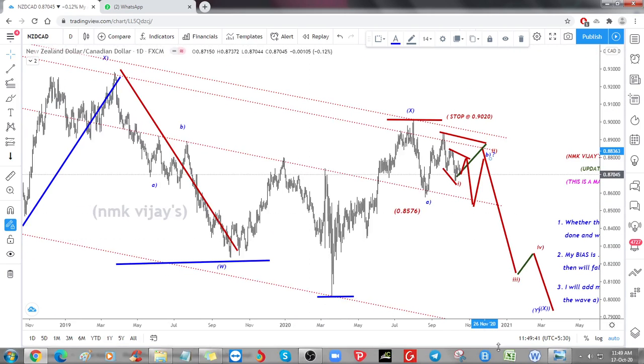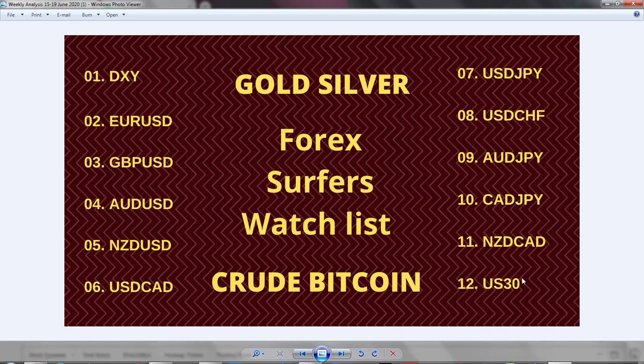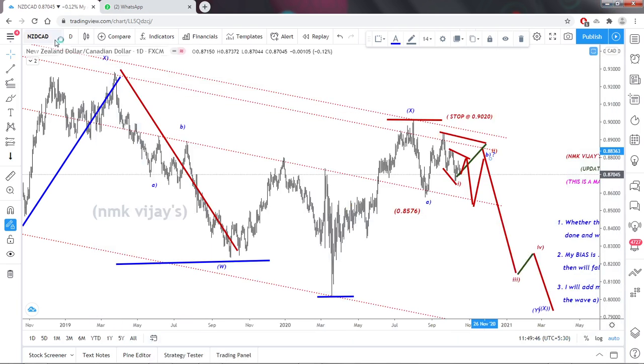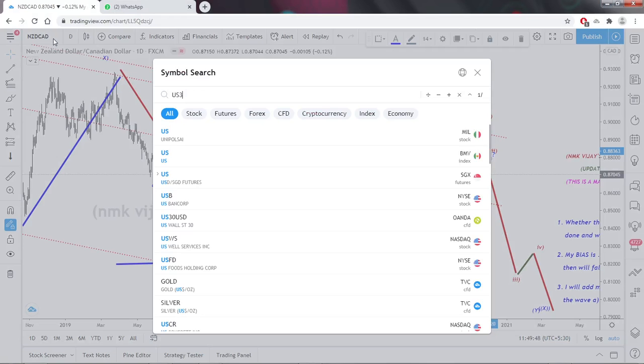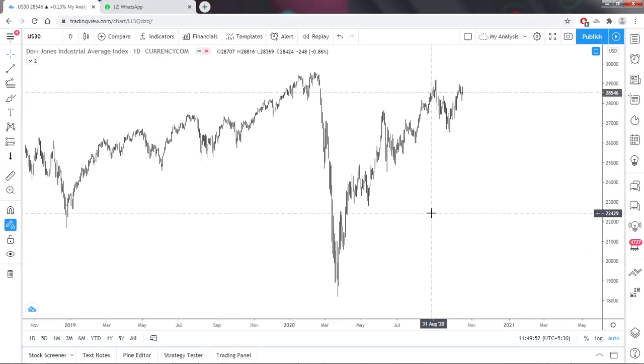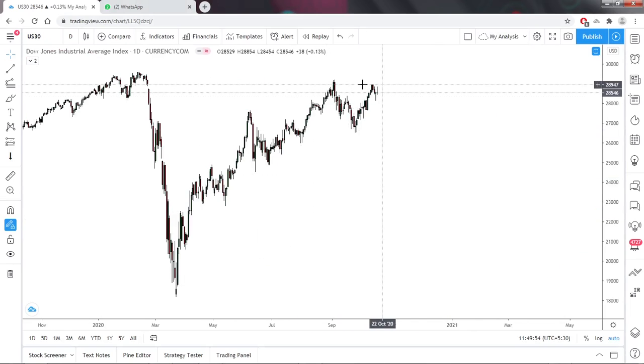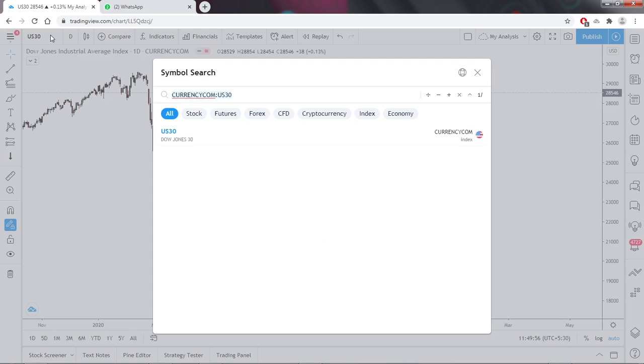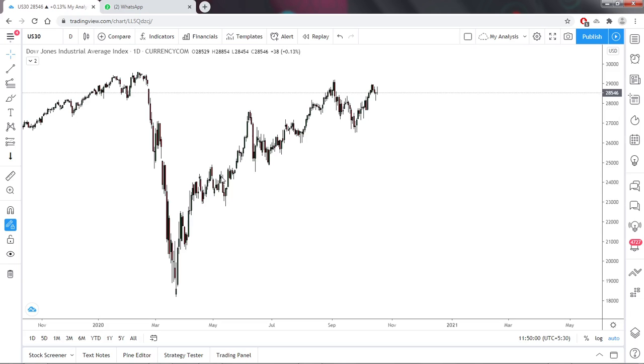So next we will move on to US30. US30 also, exactly, it has not yet broken this. US30 in Wall Street.